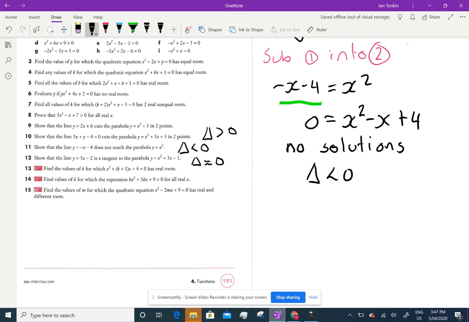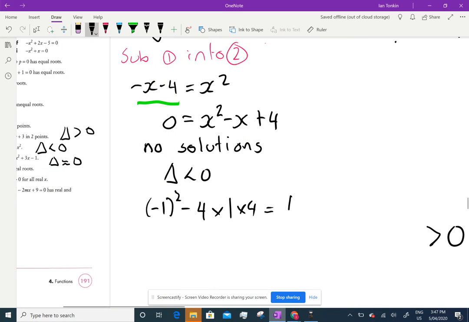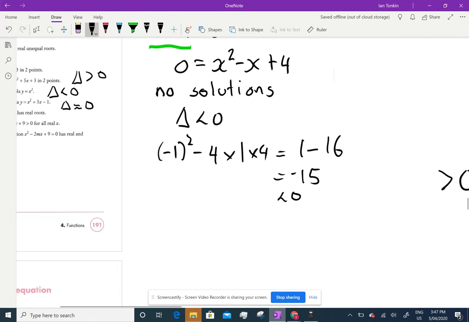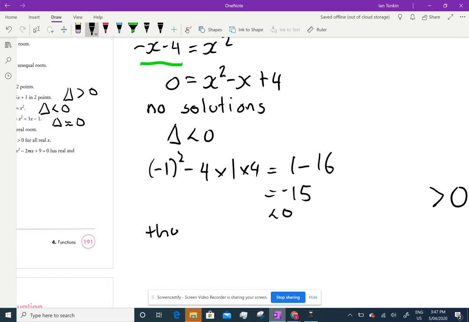So what is the discriminant? 1 squared minus 4 times 1 times 4. What does that equal? 1 minus 16, which is -15, which is less than 0. Thus, no solutions. So no points of intersection.